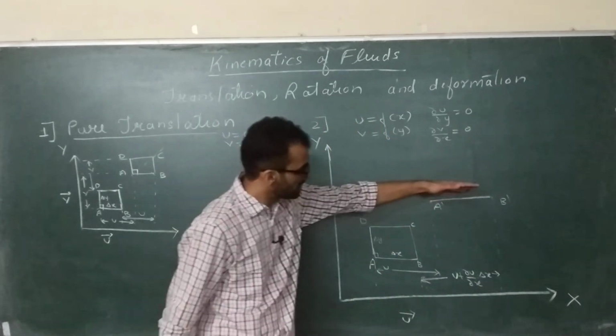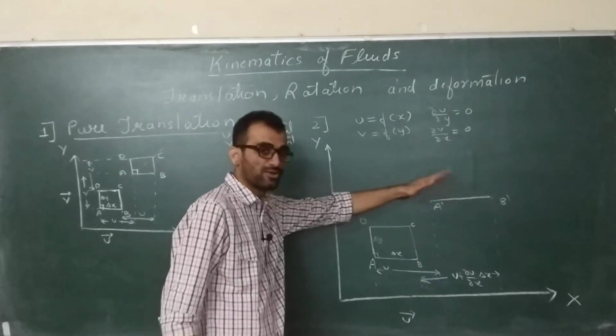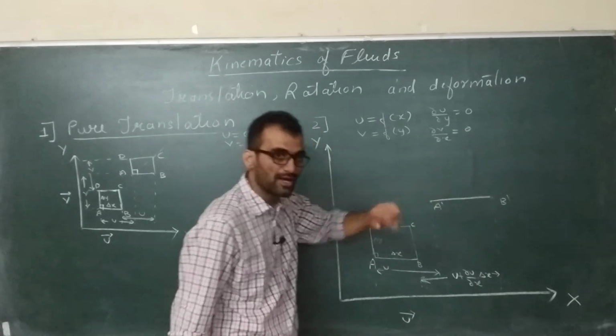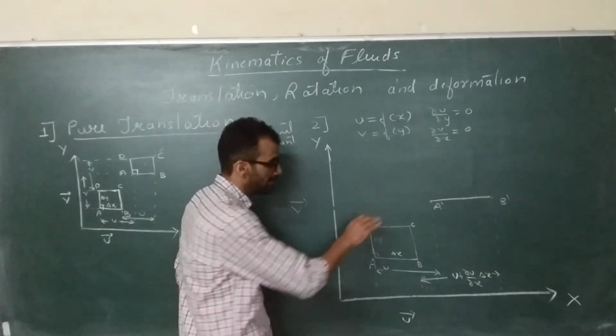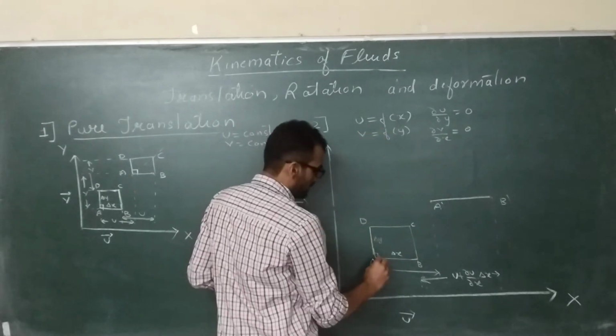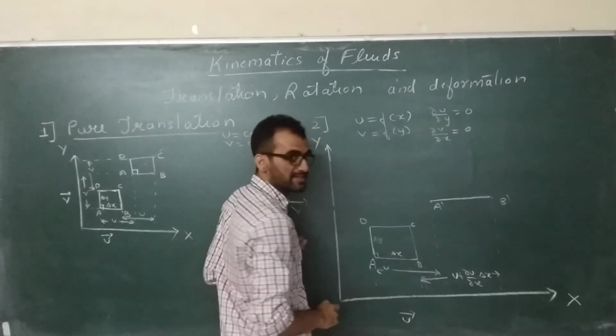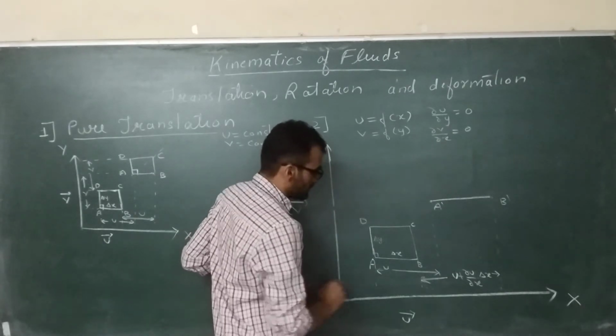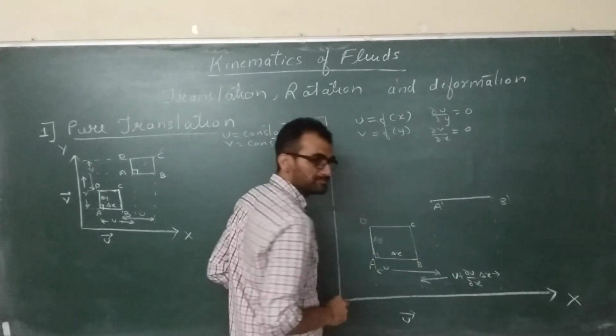But why is there no deflection or rotation of this segment AB? AB has traveled parallel. Why? Let's think about it. Because you see, the vertical velocity of A, let us say it is v. So how much is the vertical velocity at B?